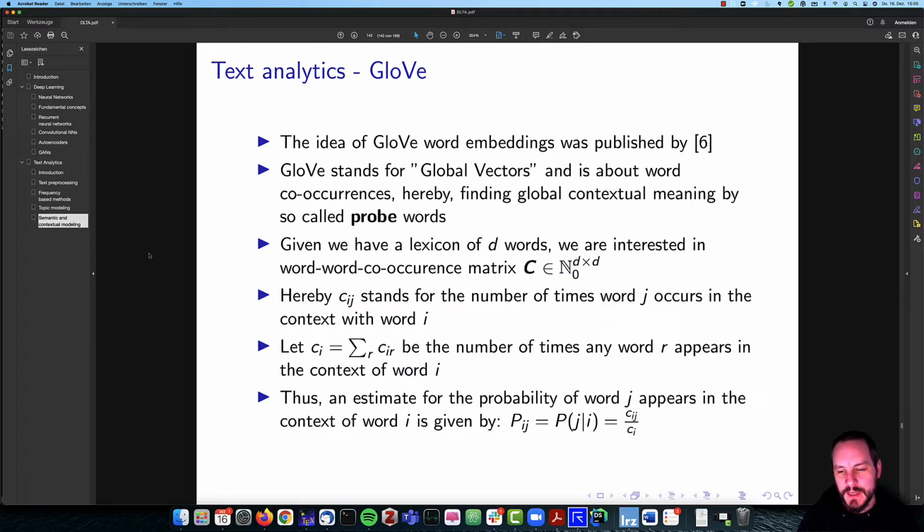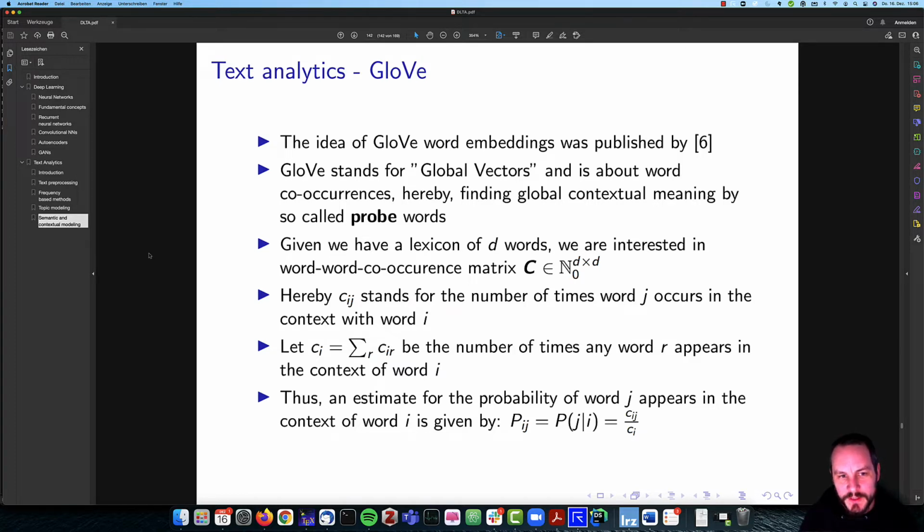Because once you get the idea, or once you can picture what is meant by representing a word with a vector, then there are only two or three things in general that need to be understood when we talk about the GloVe model. The first thing is that GloVe stands for a global representation.